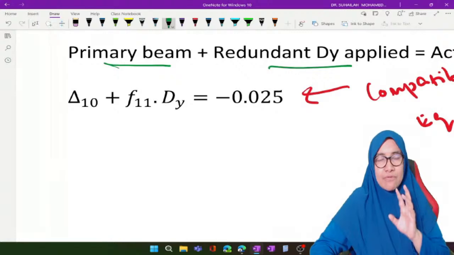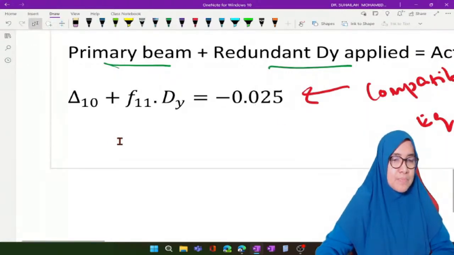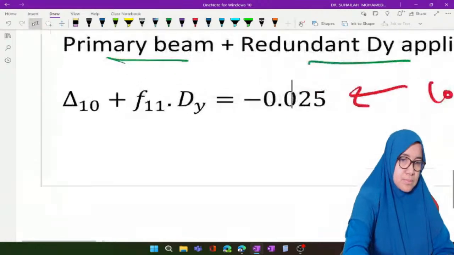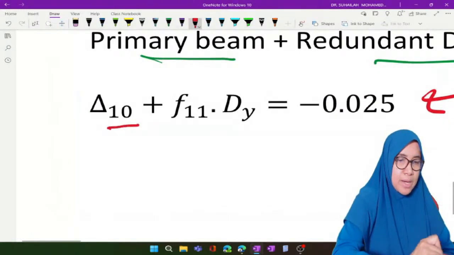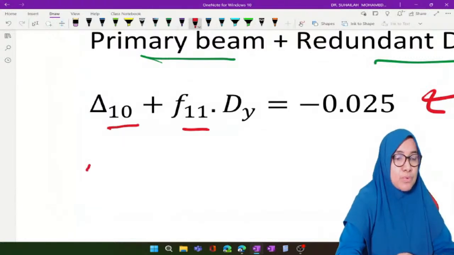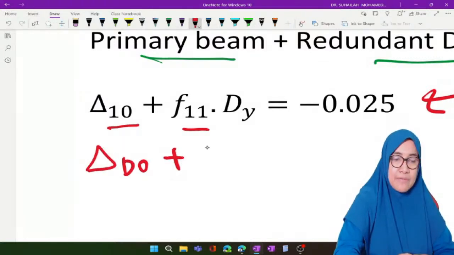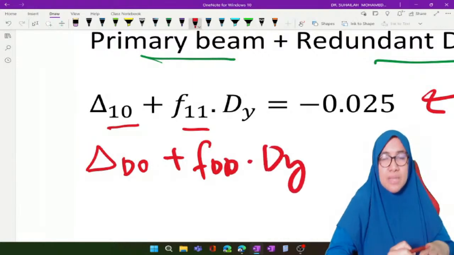So we have to analyze two determinate systems because, by looking at the symbol here, we use delta 1 node and F11. Actually we can also put delta D naught plus FDD, or dy, it doesn't matter. You can choose either one.